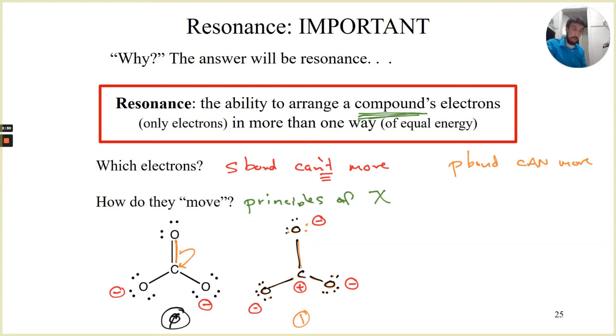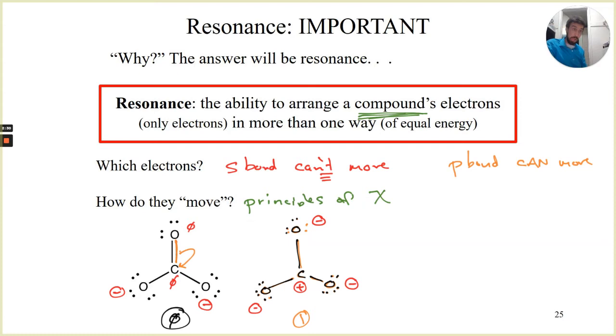And if we look at our structure 0, the oxygen and the carbon were neutral. What does that mean? Well, that means structure 1 is higher in energy than structure 0, and if we were asked to draw resonance, structure 1 isn't really a valid structure to draw because it is higher in energy.